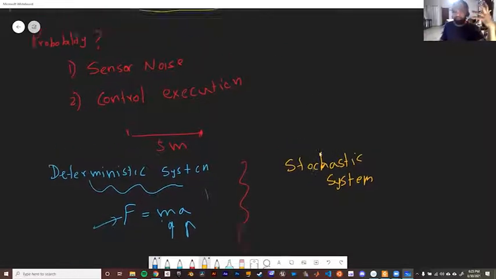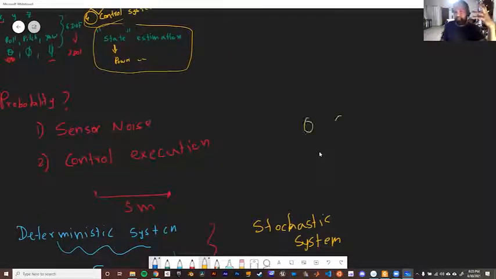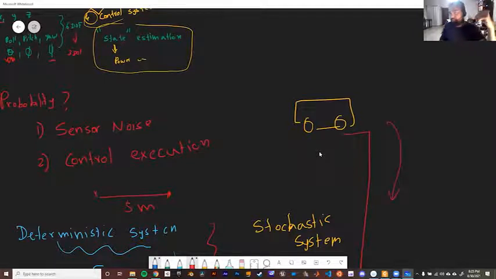For example, let's say there's a robot, and it's close to a cliff. So let's say there's a big drop like this. It will fall if it's close by. Now, in reality, we never know for sure where the robot is.